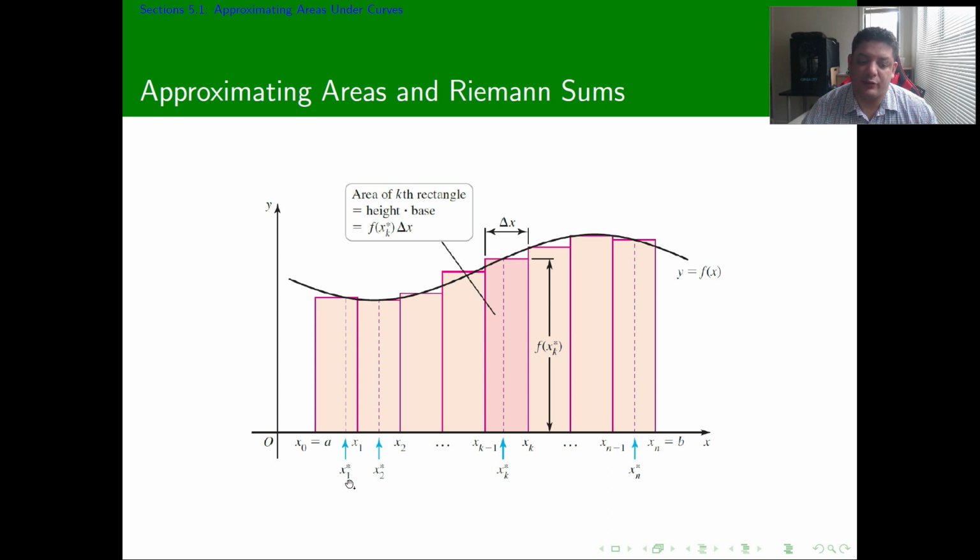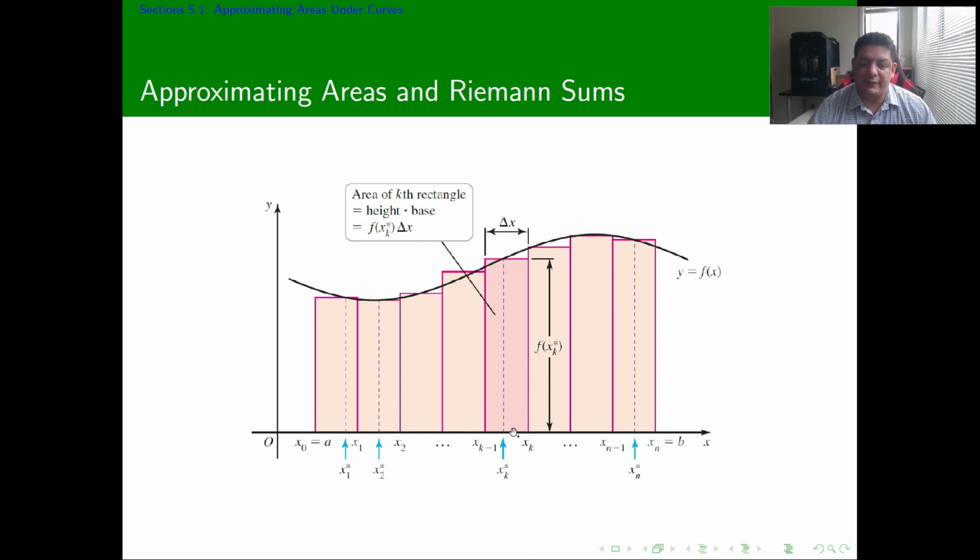If I take x1 star, then f of x1 star is going to be this height, f of x2 star is going to be this one, f of x3 star is going to be this one, and so on. Okay. Now at this point, notice that what I'm going to do is approximate by using the areas of the rectangles. So of course, the area of the kth rectangle is just going to be the height times the base.